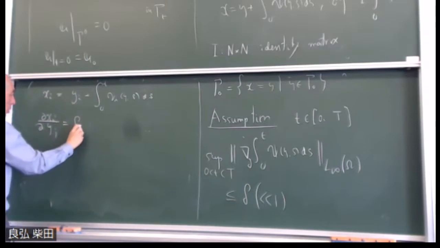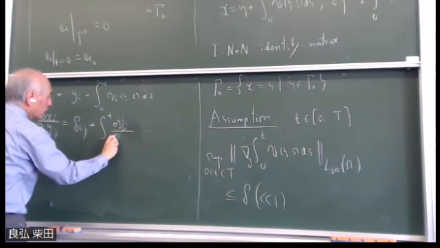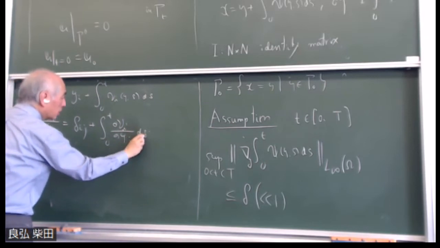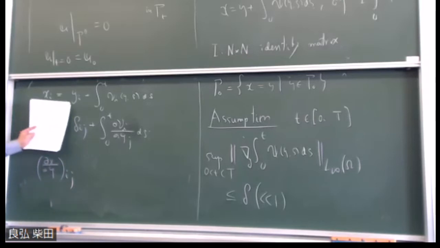Here is delta ij, the Kronecker delta, plus the integral from 0 to t of d_i... y_j. This is the ij component of this. This is the definition. And then the ij component of dx over dy is the Kronecker delta plus this one.